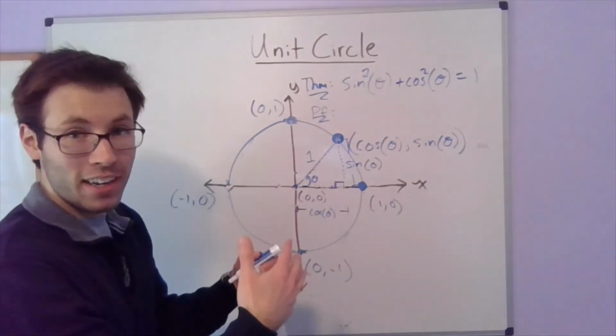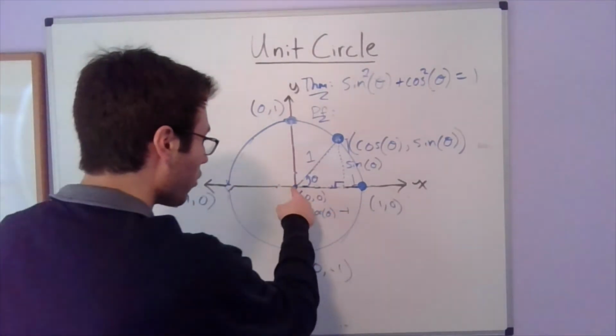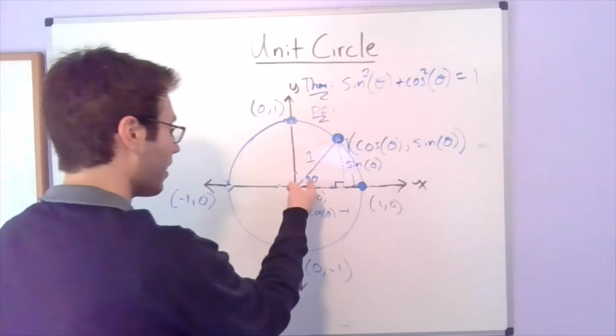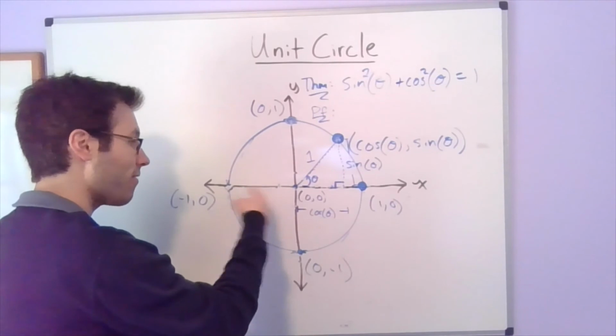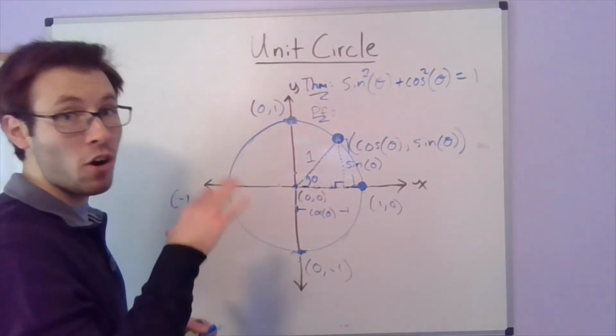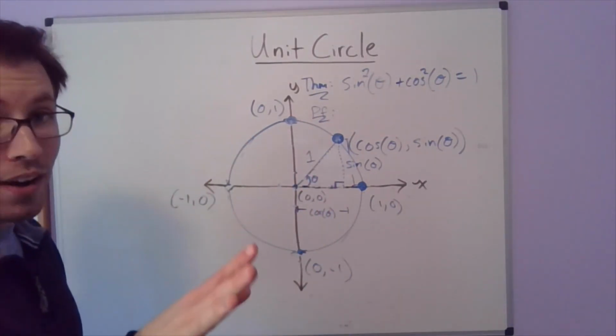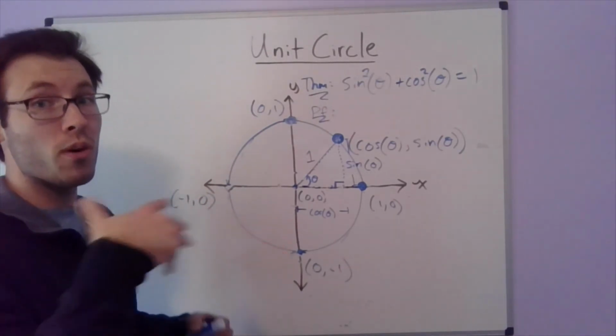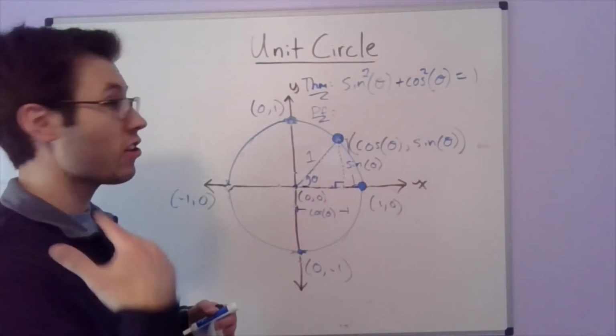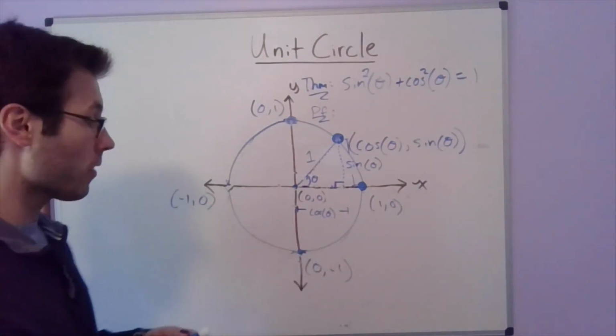Distance can't be negative, but this value right here could be negative in case theta goes around here. But we don't care about that because we're going to square the value anyways. I want to stress that point first off. It's still going to be positive at the end of the day.